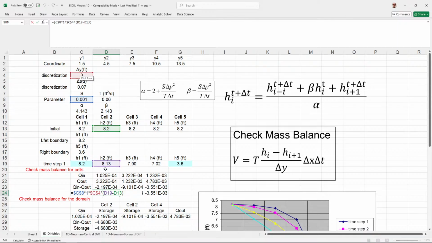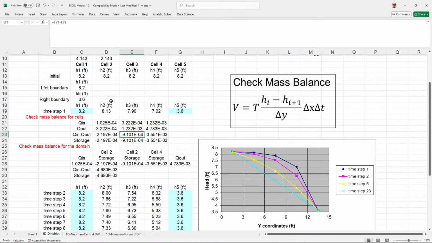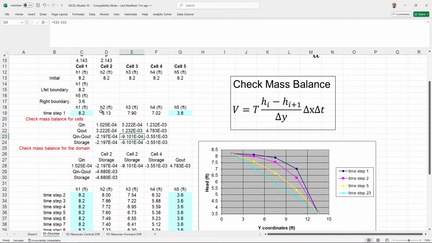We have an equation for the change in storage, so we can use it and compare it with the Q in and the Q out, like how we did it manually, and you see they coincide. When they coincide, it means that you don't have much numerical error. So this is how you do it for one time step.